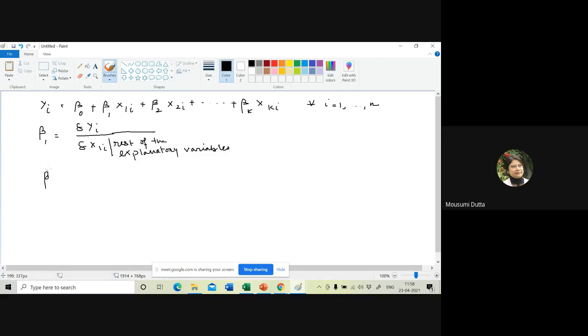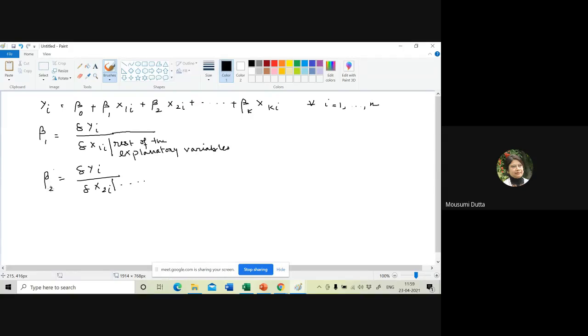Similarly, beta 2 is equal to del yi by del x2i, given the rest of the explanatory variables, and so on. It's not beta square. Okay, so this is the idea.